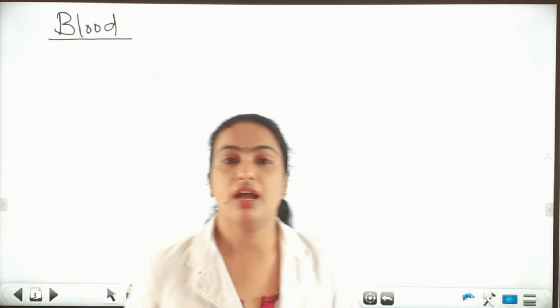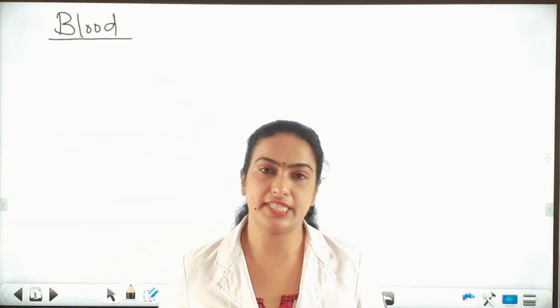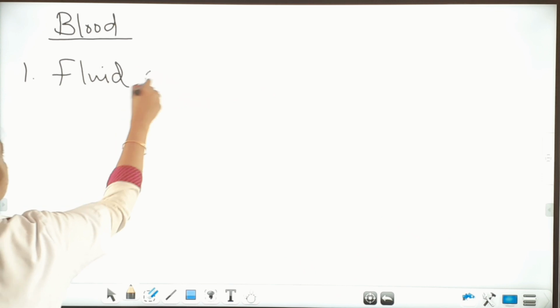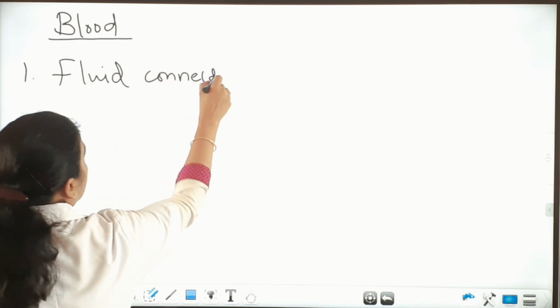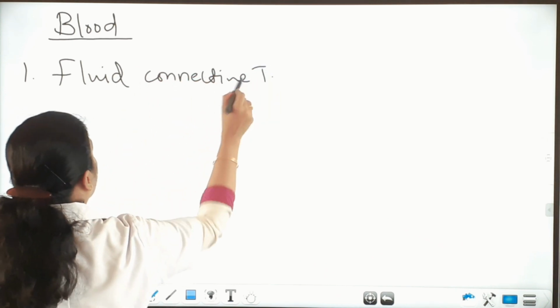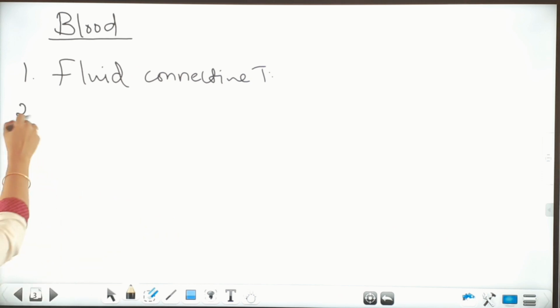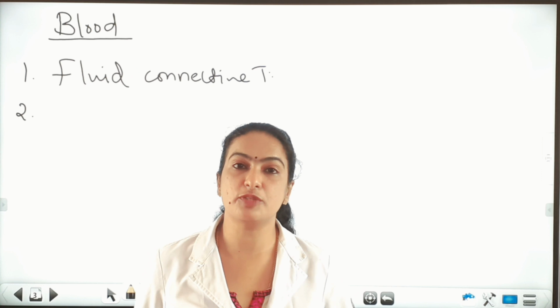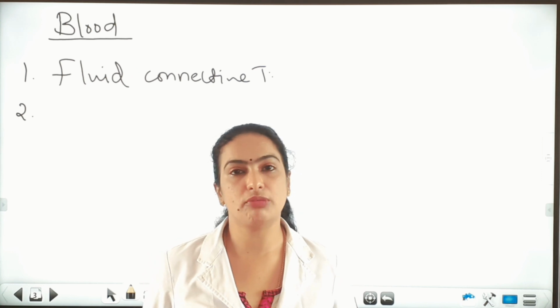Blood is a fluid connective tissue. It is fluid in nature. And this blood, as a connective tissue, must be embedded in a medium or matrix.